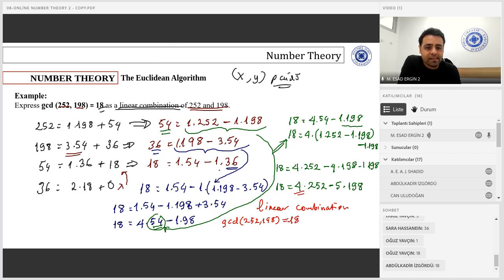It means that this one is y and this one is x. X equals minus 5 and y equals 4. Or you can say that 18 equals 4 times 252 and minus 5 times 198. And this is our x, and here it is y.